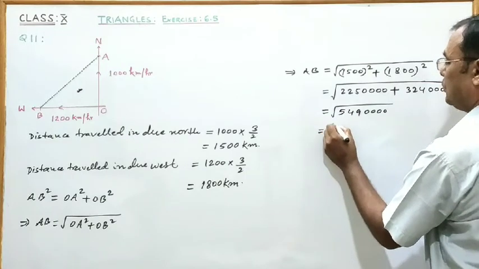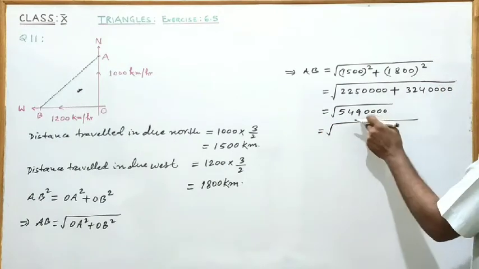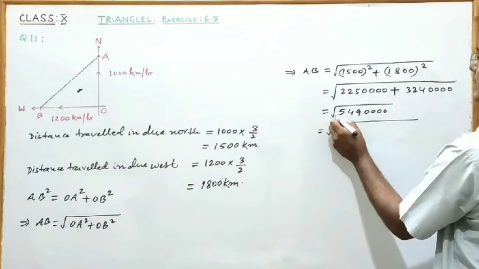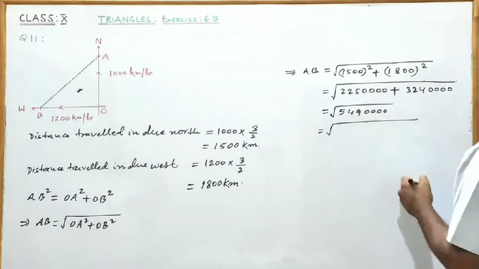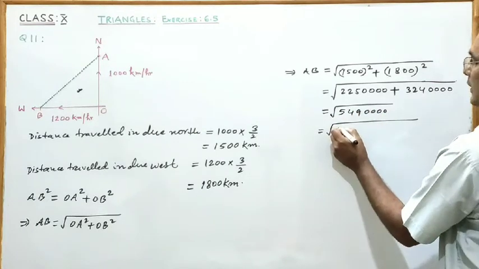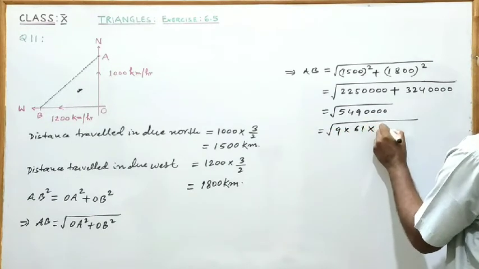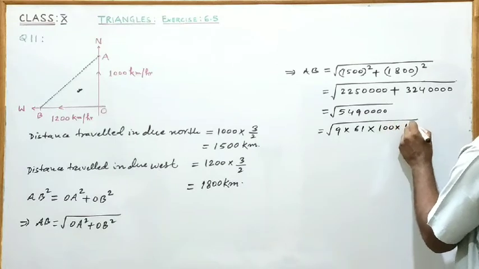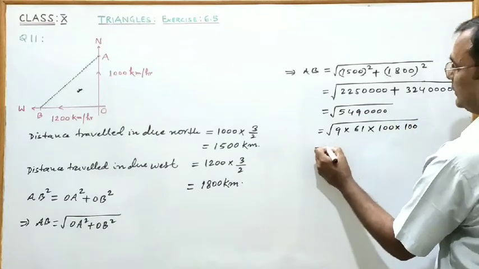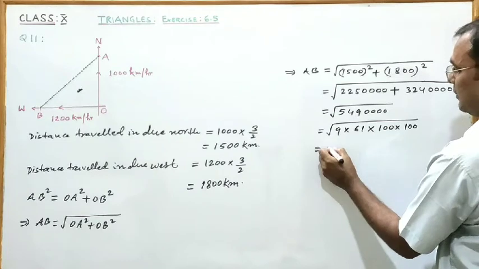To find the square root of this number, first we shall factorize it under the square root sign, and it is 9 into 61 into 100 into 100. This 9 is a perfect square number.